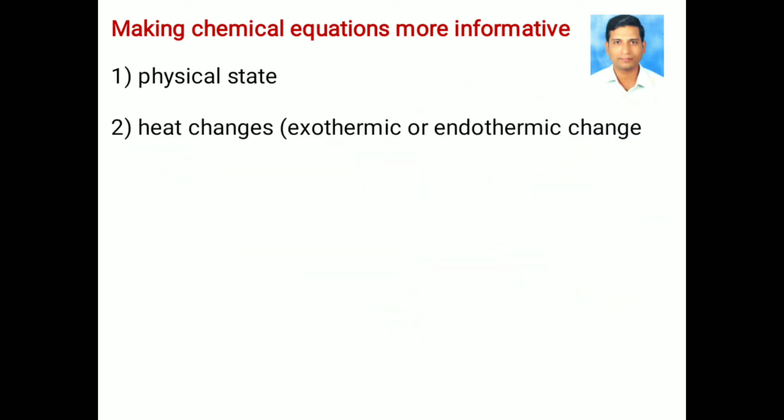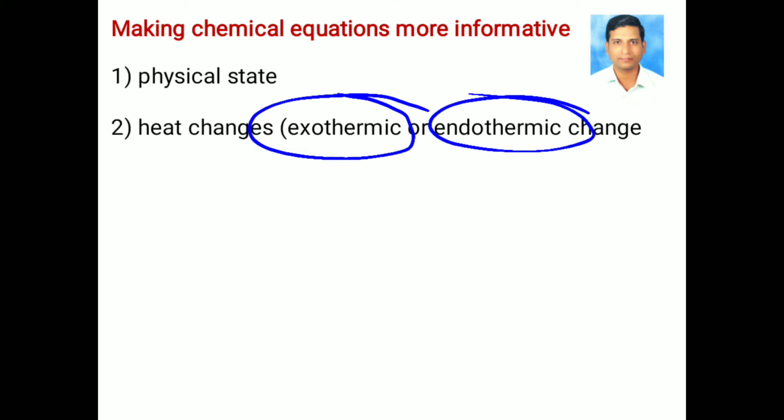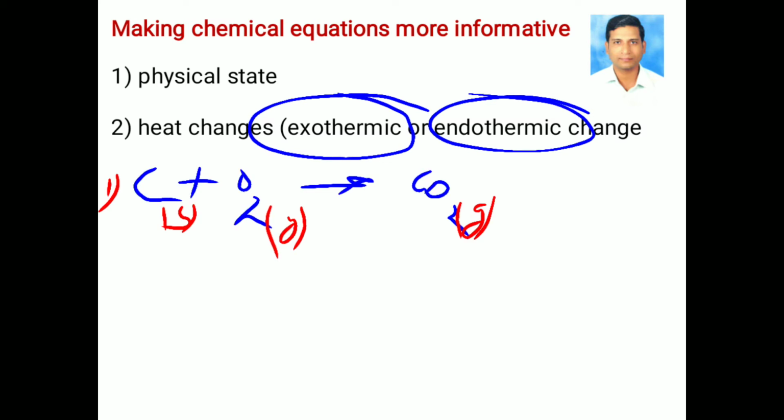Now expressing the heat changes. Heat is liberated in exothermic reactions and heat is absorbed in endothermic reactions. See the following examples. Carbon plus oxygen gives rise to carbon dioxide.